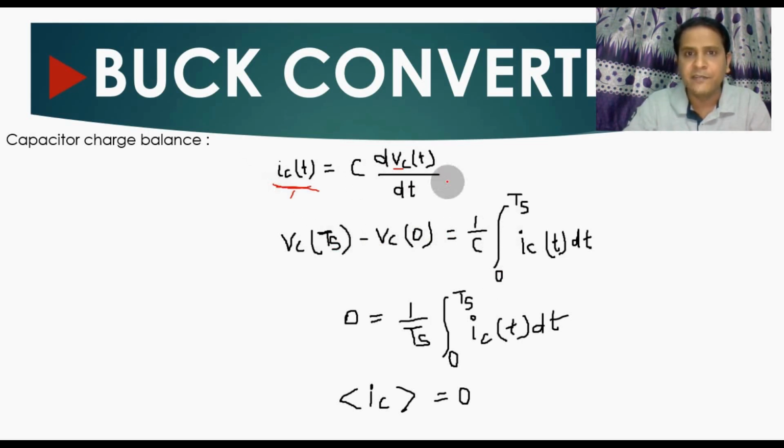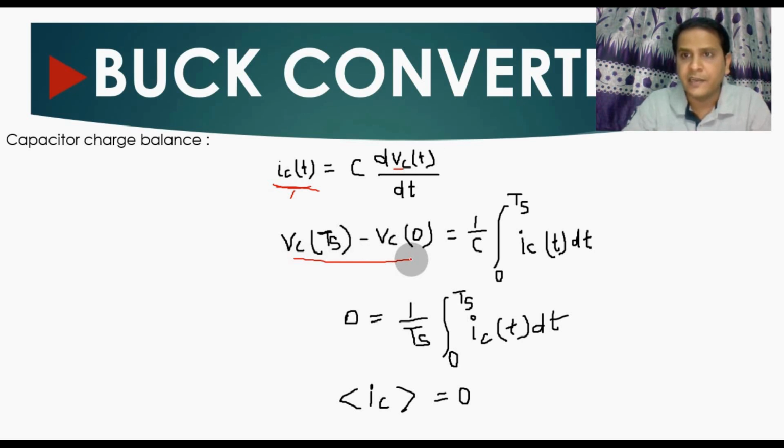Since this is a derivative, if you want to find out your dvC(t) divided by dt, you have to integrate this. So vC(t) equals, you have to integrate your iC(t), then you can find that, since this is 0, the net change in capacitor voltage is 0 in a buck converter in steady state condition.